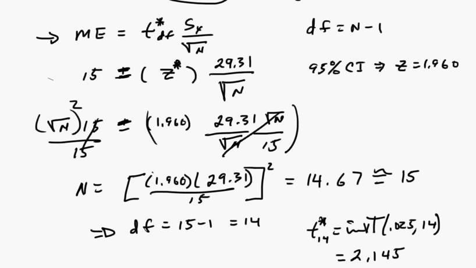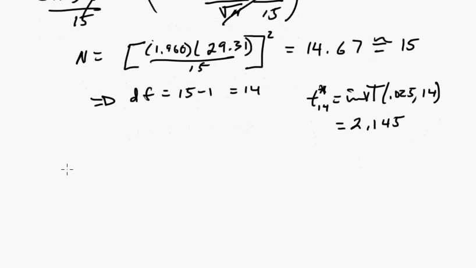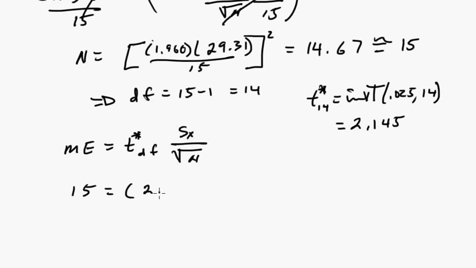Alright, and I guess I'll just do this one more time. Margin of error equals t star of df times sx divided by the square root of n. Now we have a better estimate of how many degrees of freedom. So we have 15 equals 2.145 times 29.31 over the square root of n.